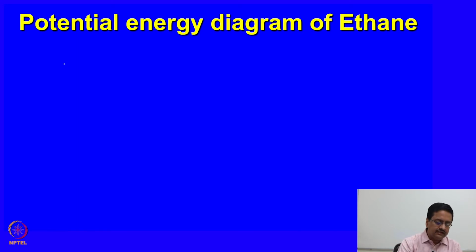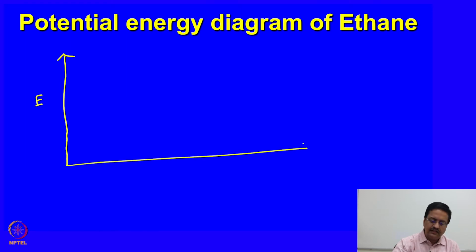In this diagram we draw energy on the y axis and the torsional angle, theta, on the x axis. So, when the torsion angle is 0, what we have is a fully eclipsed conformation.